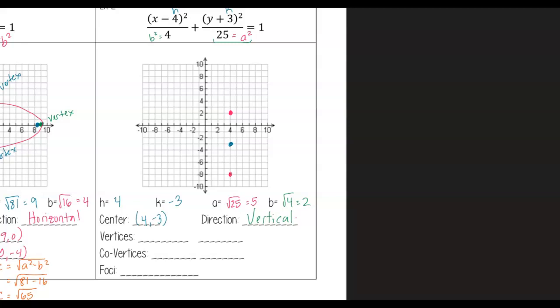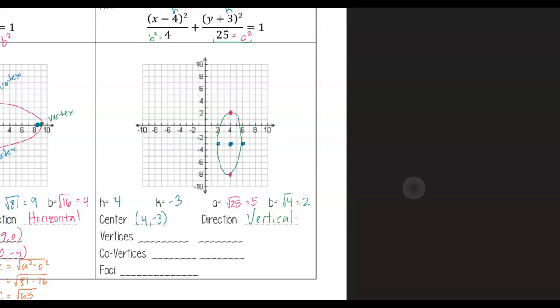And then I take my B and count left and right to get my minor axis. So from my center, I'm going to count left 2, right 2. Once I have graphed all of these points, I should have a vertical ellipse, which I do.